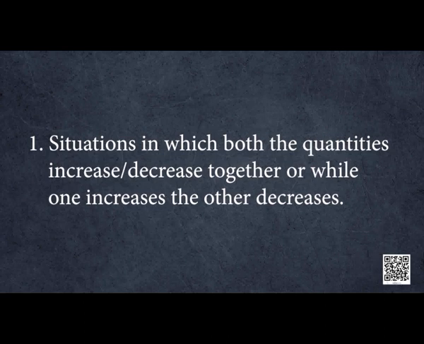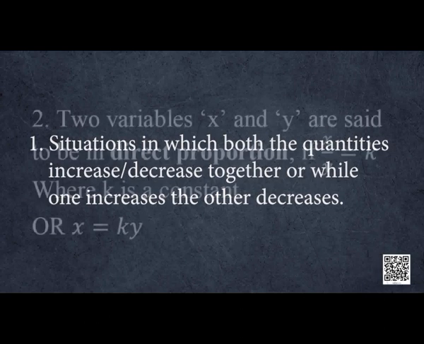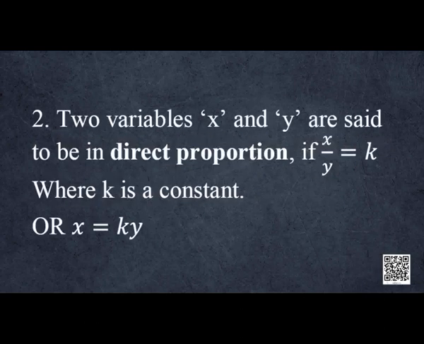We also learned that two variables x and y are said to be in direct proportion if x by y is equal to k, where k is a constant, or x is equal to k into y.